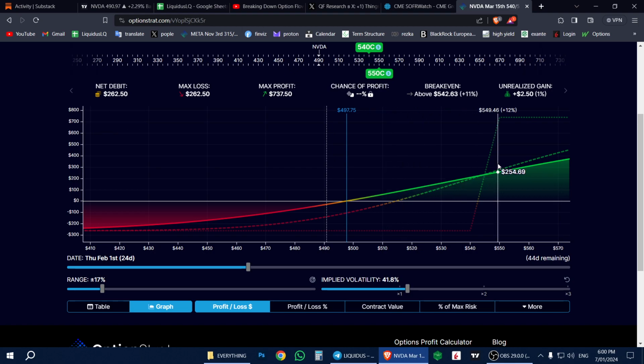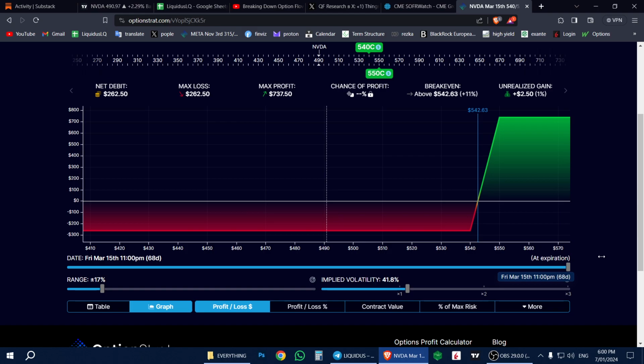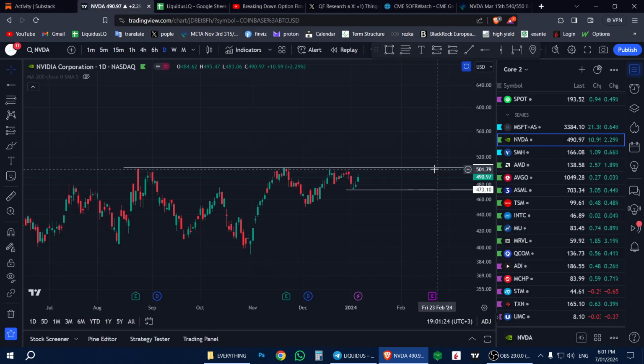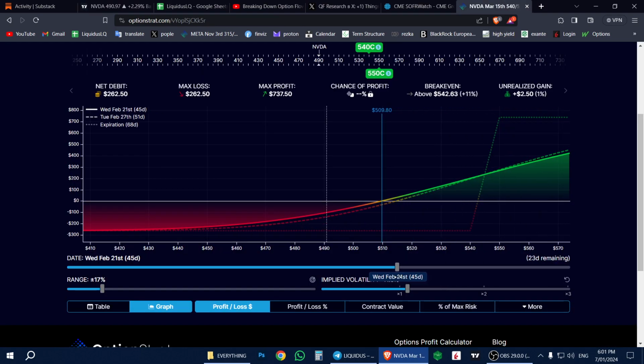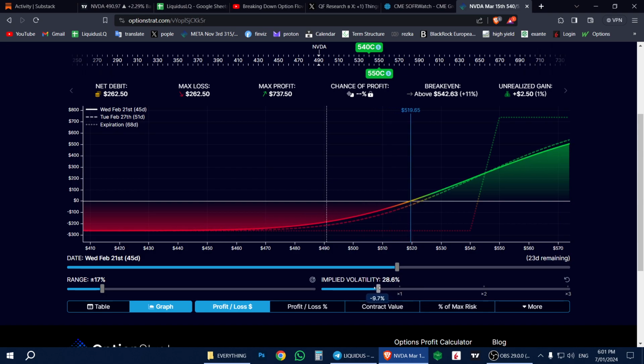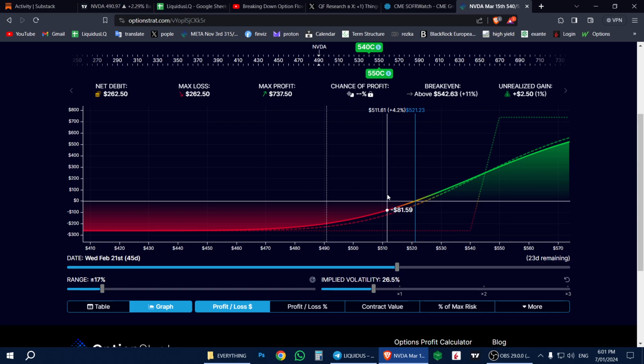And this is your 550, and we're probably going to be holding it past the expiration, past the earnings on the 21st of February, and the vol after the earnings obviously will crush into this steady 25, your average over the past year. I don't remember the average, but something around 26.